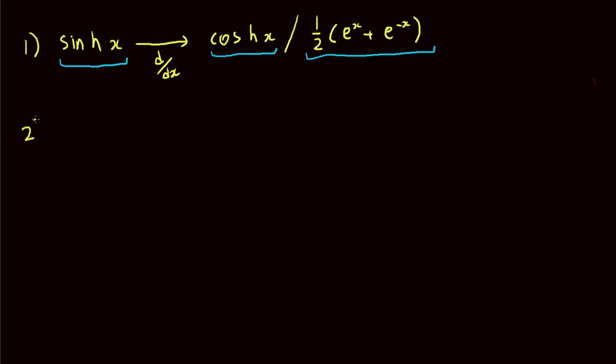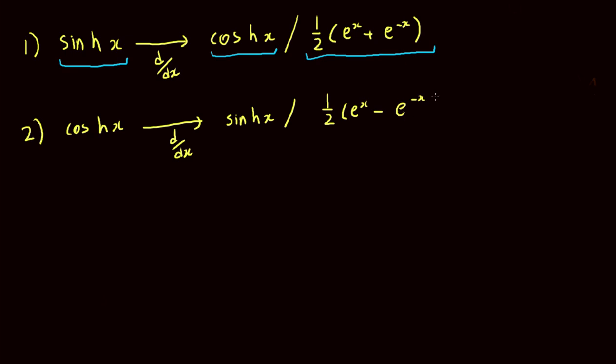For cosine hyperbolic x, if we take the derivative of it, it is just sine hyperbolic x, or you can write it as 1 over 2 times e to the power of x minus e to the power of negative x.